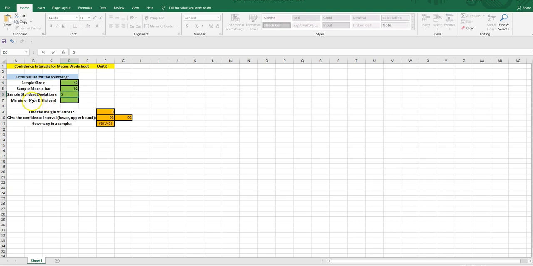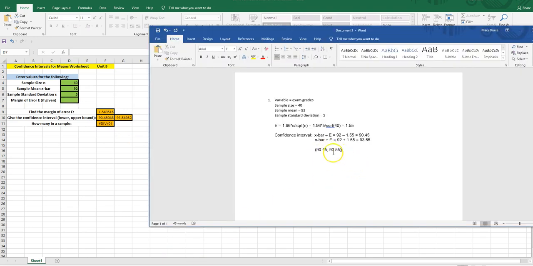Now notice the margin of error was not given on this problem. I had to calculate it myself. So you don't want to fill in anything there, and you just go ahead and press enter, and you'll see that the worksheet did the calculations for you, where you see that the margin of error is the 1.55 that we got. And here are the lower and upper bound of the confidence interval, 90.45 and 93.55. And that is also what we got.